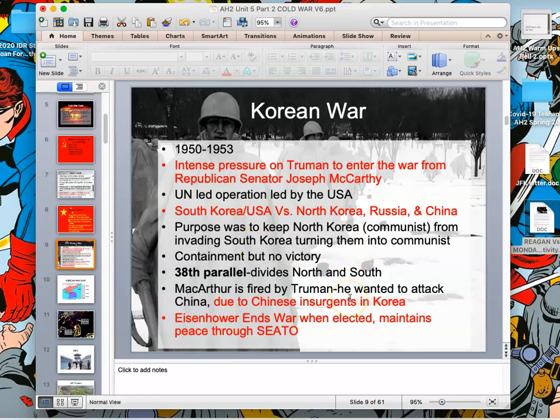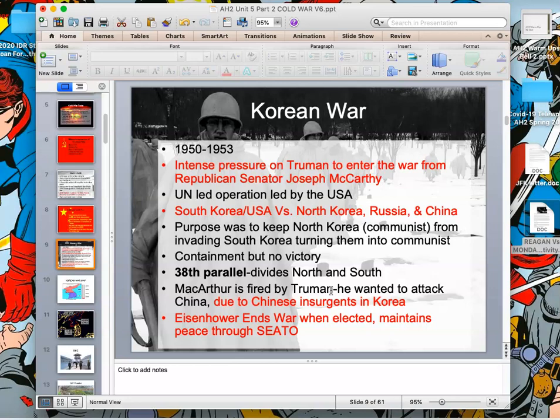MacArthur wants to attack China and start a war with China. Now, Truman's not interested in World War III, just a couple of years, though it feels like months, after World War II has ended. So instead, he fires MacArthur. He makes sure that we have a clearly defined goal of containment over there. We're not trying to defeat communism. We're just trying to stop it from spreading to South Korea.